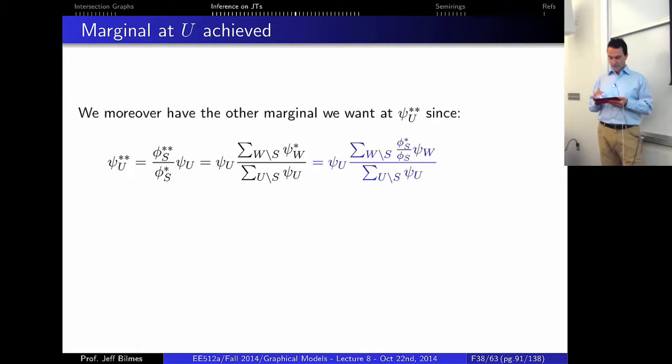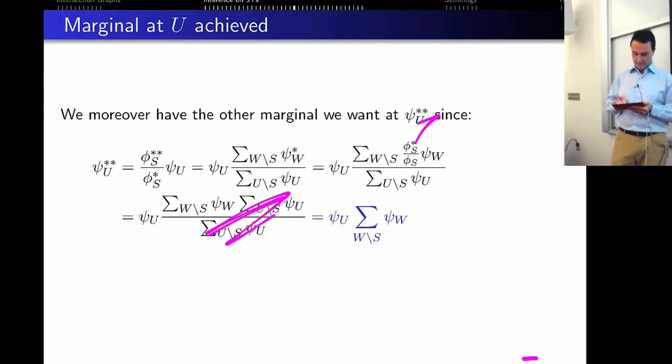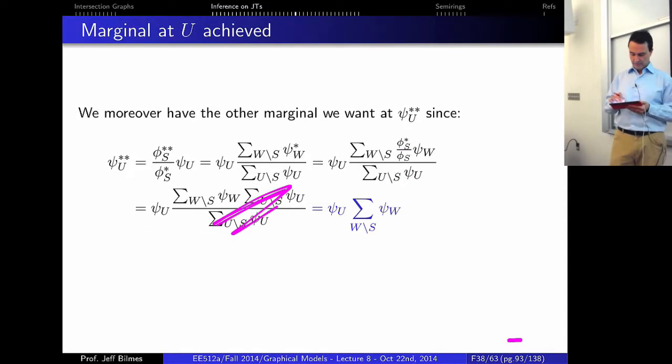And then we've further substituted in an expression this for this. We cancel out phi sub s since it's 1, and we write the definition of phi sub s here. And all of this stuff cancels out, so the whole thing ends up being this.